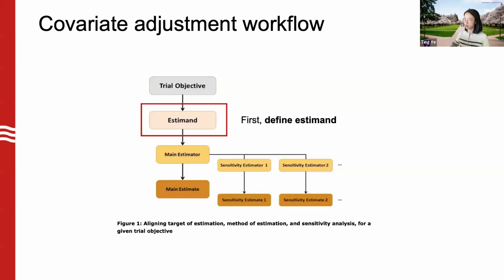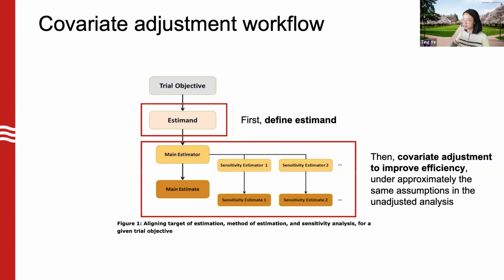And then we consider what estimation methods we will use. It can be unadjusted methods or it can be covariate adjusted methods. So the covariate adjustment is used to improve efficiency of this defined estimand and under approximately the same assumptions as in the unadjusted analysis.